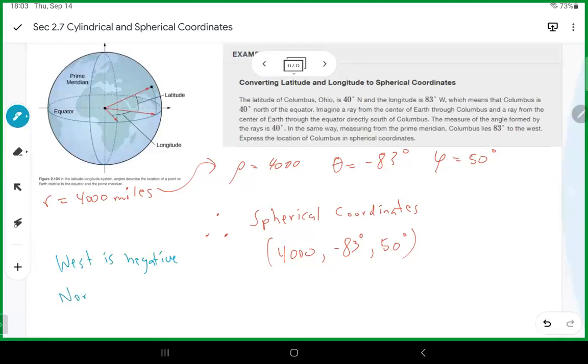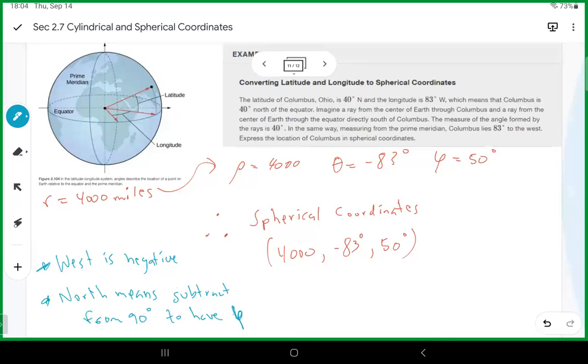North means that you have to subtract from 90 degrees to have phi. Okay. So just some things that'll hopefully help you out with your answers there.